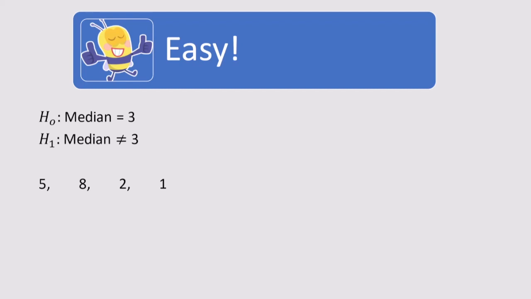Number 1, the non-parametric test is easy to understand, very easy to compute, and it does not involve any population parameters. For example, all you do to compute the test statistic in a sign test is simply compare the median in your hypothesis with the data that you already have.